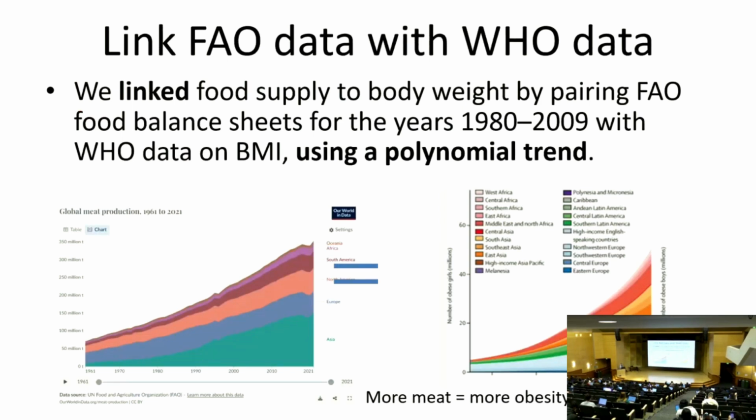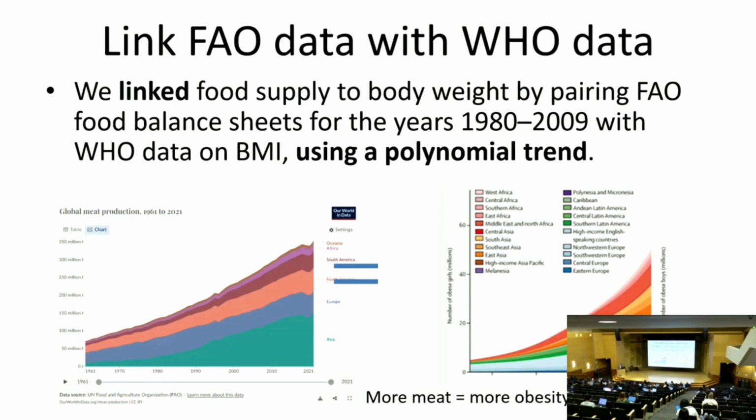I will not go into the mechanics of how the modeling was done, but they were using FAO food balance sheets of the kind I just described to you, merged with WHO data on weight and health, showing that as meat consumption went up, so did a number of adverse health events. And as a result, based on those conclusions, we all ought to go back to a plant-based diet. There are a number of technological issues with this, but we will not go into those.